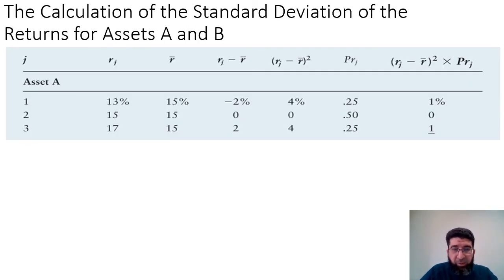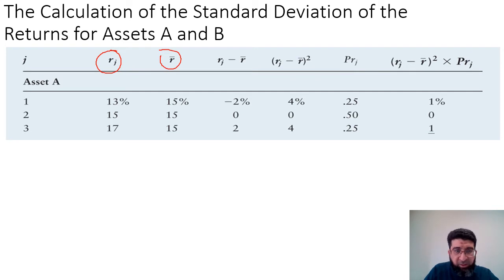Let's look at another example. We have the same assets A and B, and now we want to calculate the standard deviation of asset A and B. Previously we were looking only at range, so we upgrade the example to include standard deviation. We have r j given, and r bar.